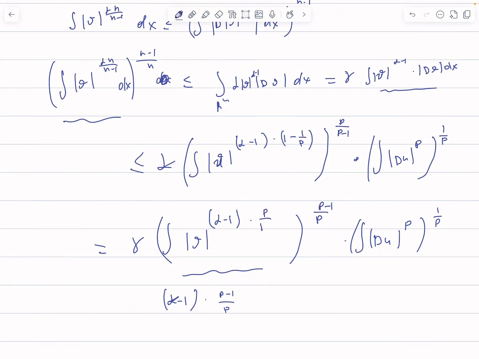Here p divided by p minus 1, so this one is equal to lambda n divided by n minus 1. Why? Because now inside of the integrals both are the same, and I can take this power to the side.